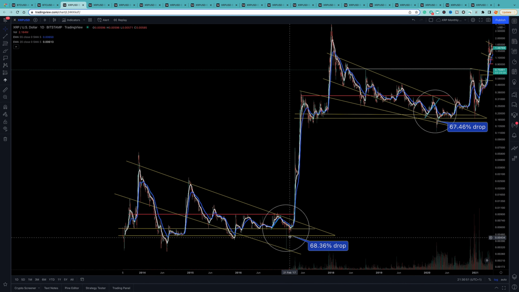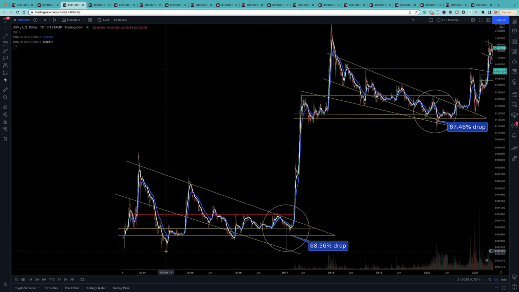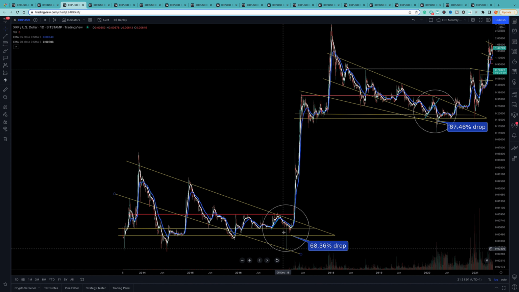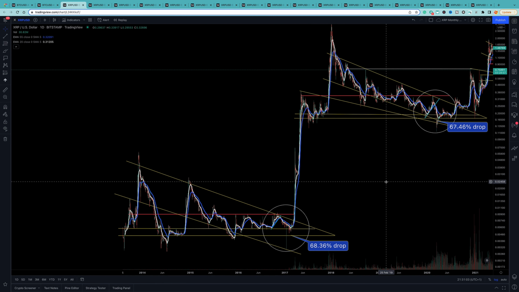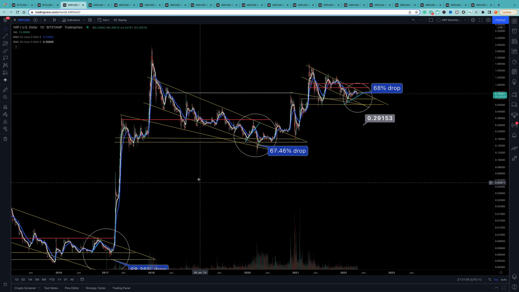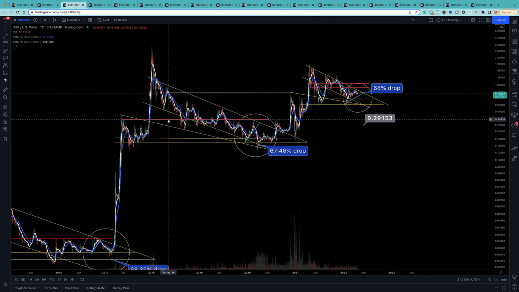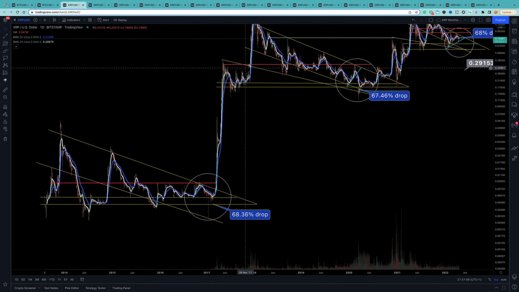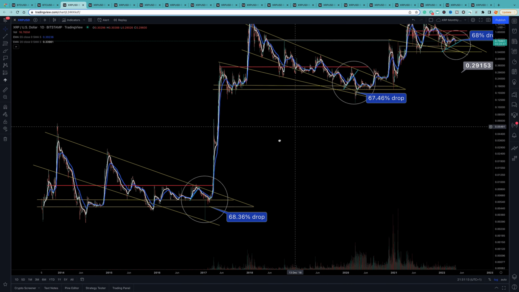Here's the bottom of that bear market, no, sorry, tell a lie. Here's the bottom of that bear market down here. Okay, this nearly got to it again, and then off we go. So now again, it's the same thing. I've put in an extra line here because I can see it.